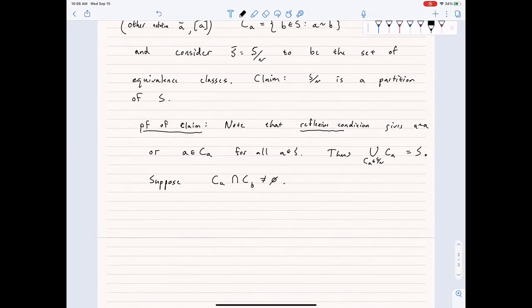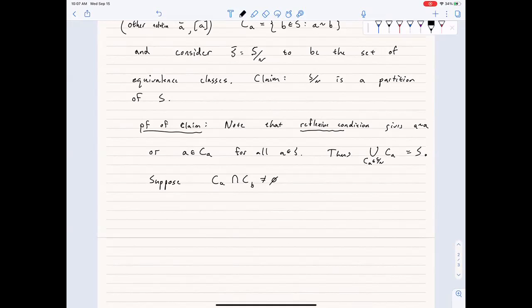But I'm not. If these two sets are not disjoint, what should they be? The same. I want to conclude that because I've chosen two equivalence classes and they overlap, they must be the same equivalence class, with the exact same elements. So let's take an arbitrary element in one of them and show it's in the other.